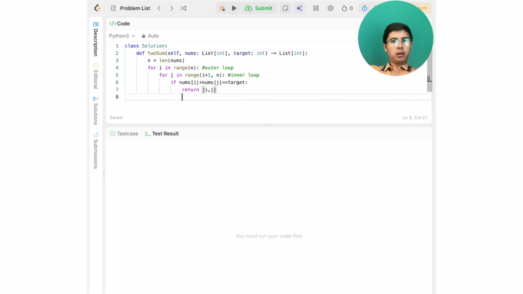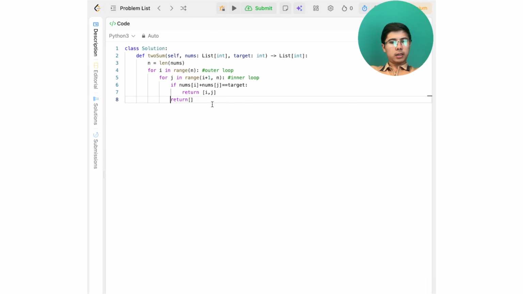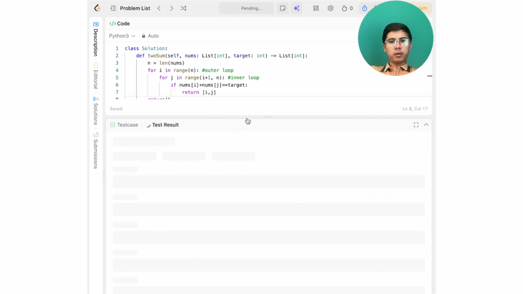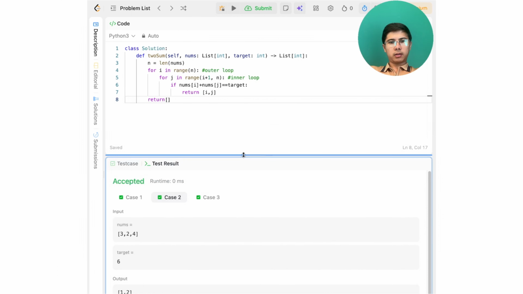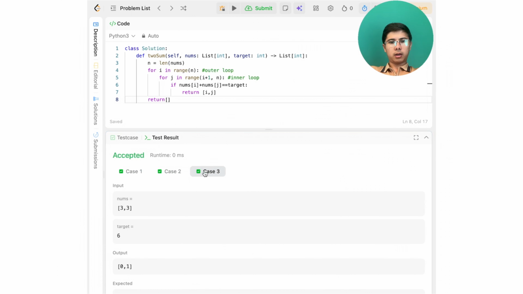Otherwise, we return blank. In any other case, outside of the inner and outer loops, we can just return a blank list. If you check the test results, we can see all of the cases worked and performed well. Output is 0 and 1. That case output is 1 and 2, and that case 0 and 1 again.